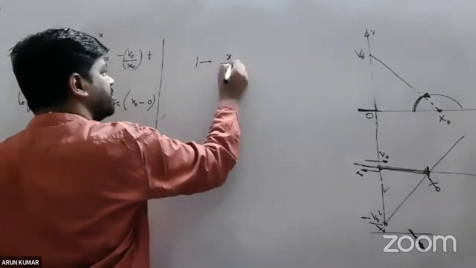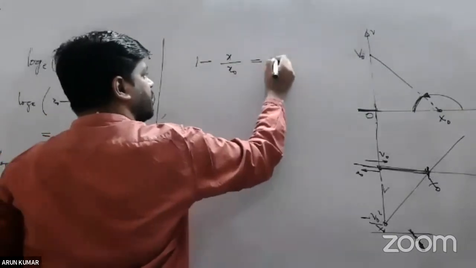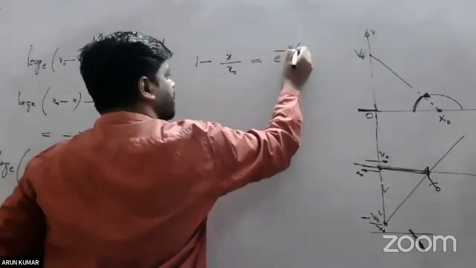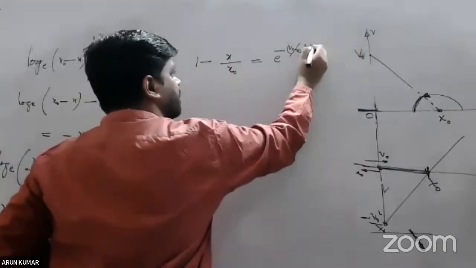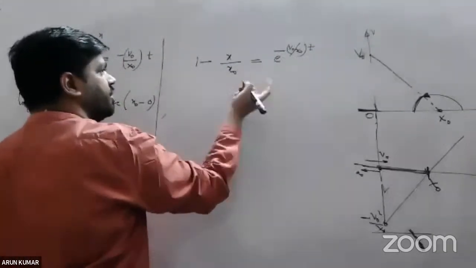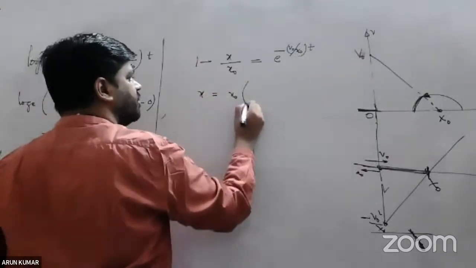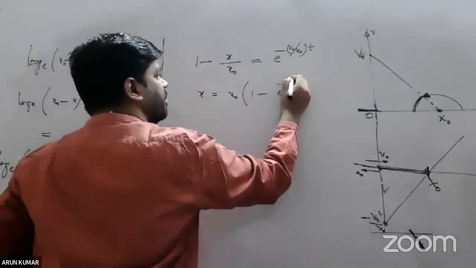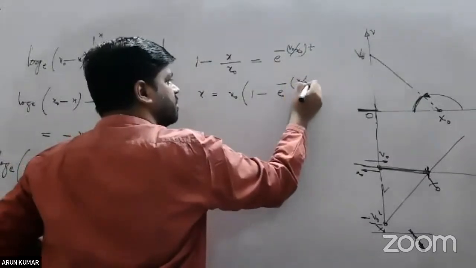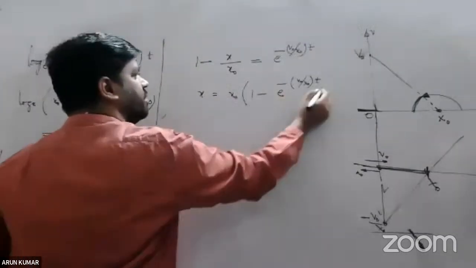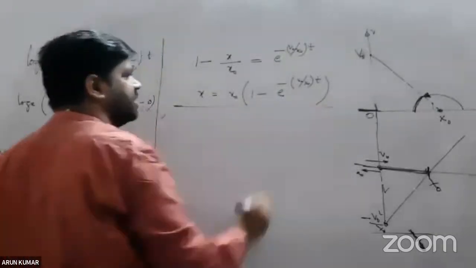So 1 minus x by x naught is equal to e power minus v naught by x naught into t. Rearranging, x is equal to x naught into 1 minus e power minus v naught by x naught into t. This is what I'm getting, x as a function of time.